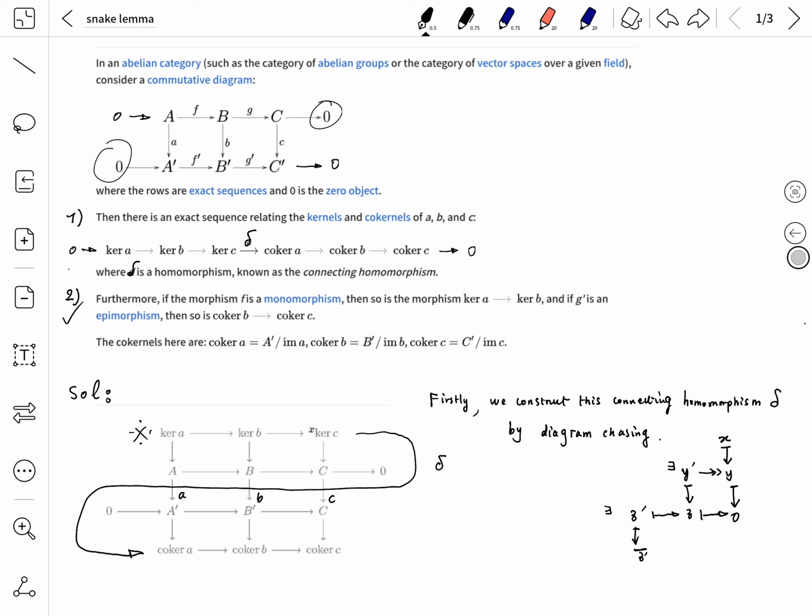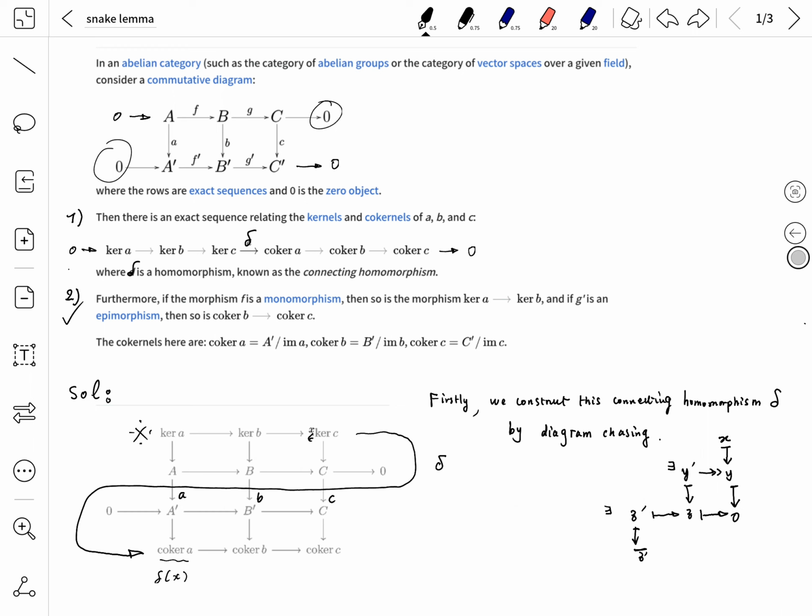Firstly, one important thing is you have to construct this connecting homomorphism delta. The way we construct it is by diagram chasing, which means let's take any arbitrary x, small x, in the kernel of C. We're going to construct its image in the cokernel of A and call it delta of x. The way we construct it is as follows.